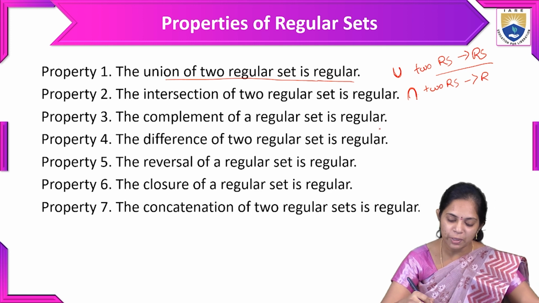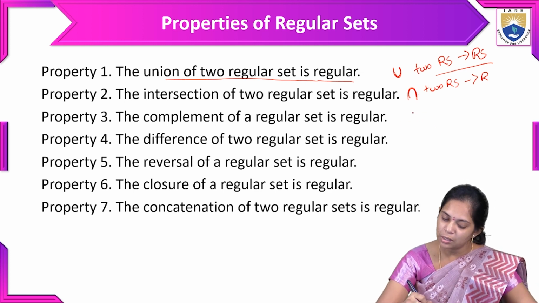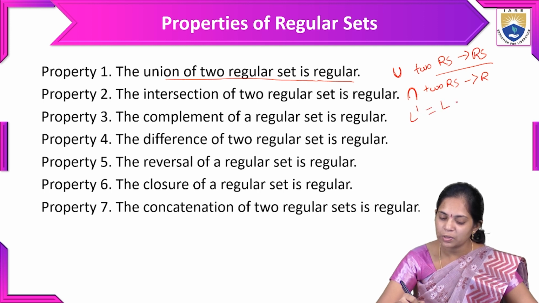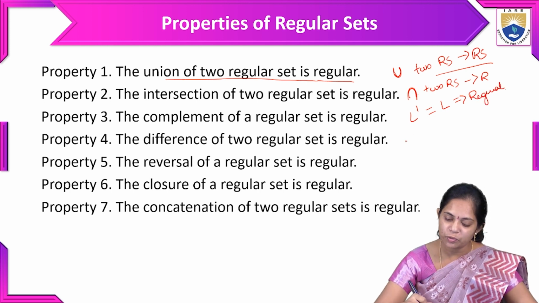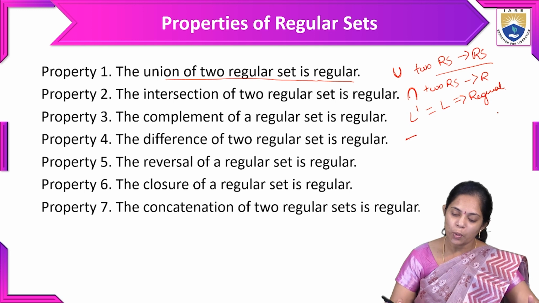And here the complement of a regular set: we take one language L, and we also get a language that is regular. And the difference, with the minus symbol, of two languages is also regular.